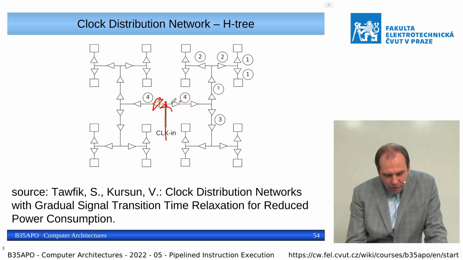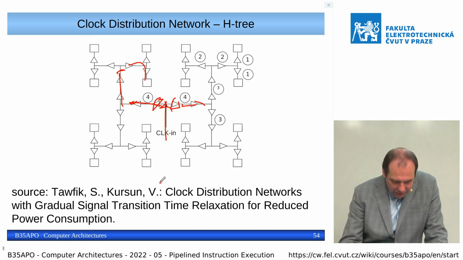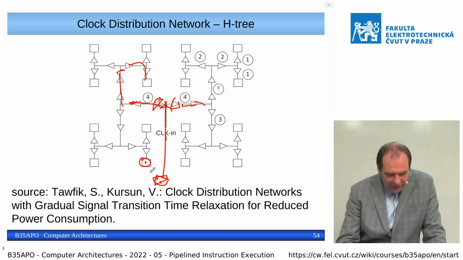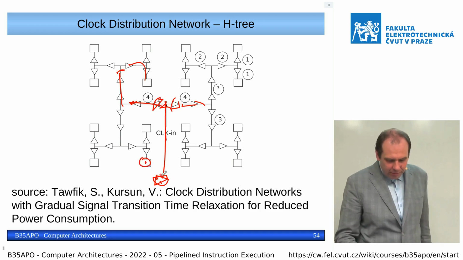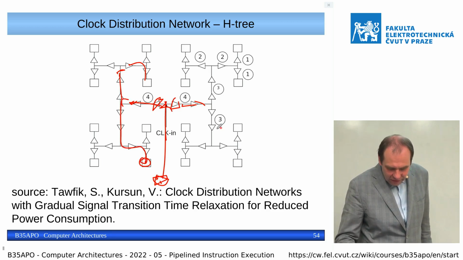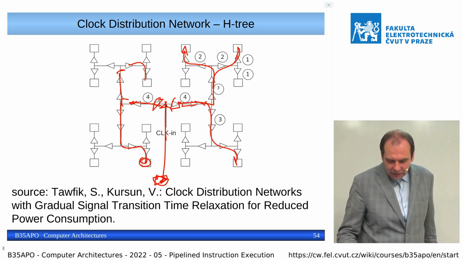Then there are clock buffers, and again clock buffers, and so on. So even if the actual pin is somewhere here and we want to drive a logic cell which is near to the pin, we still drive it through the whole tree, so that the time distance, the delay between the clock input and each logic cell, is constant.